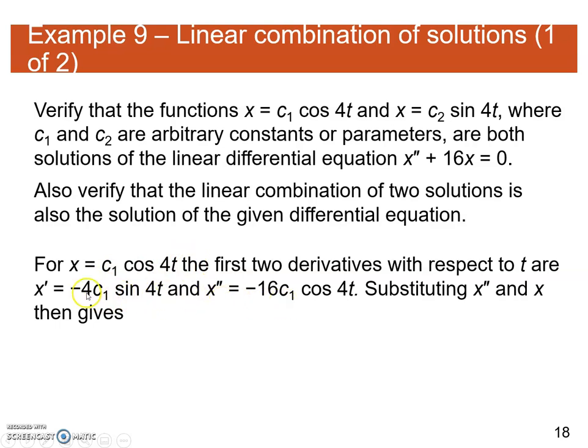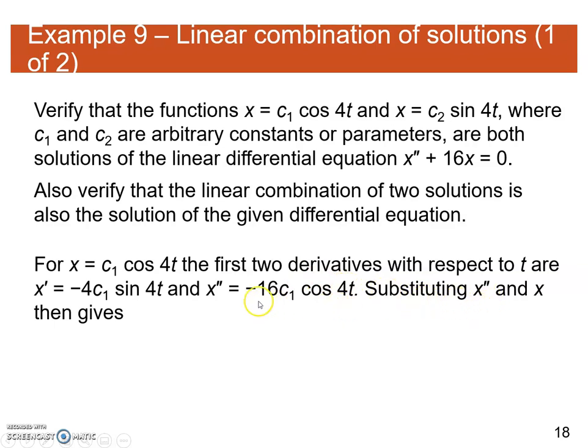Similarly, the second derivative: again a 4 comes out, so it becomes 16, and the derivative of sine is cosine, so the negative sign stays. So -16c1 cos(4t).